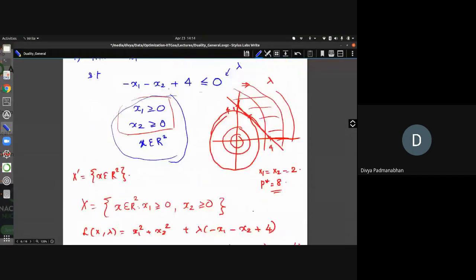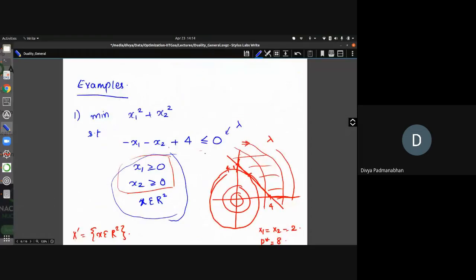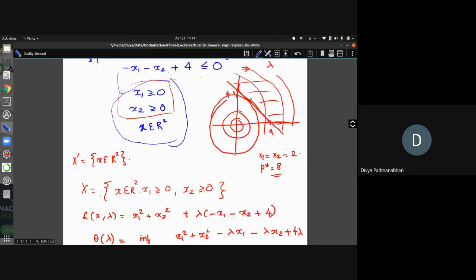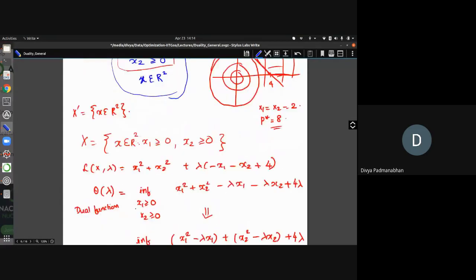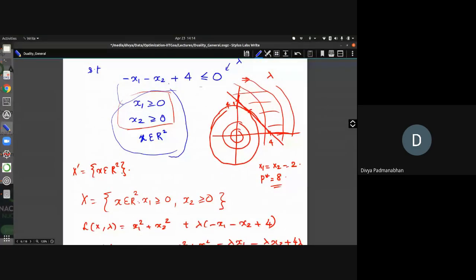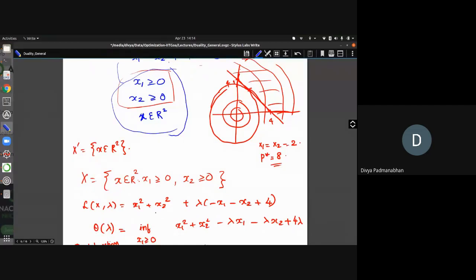In general, you have the flexibility, so nothing prevents you from choosing these two as your set of inequalities, with x2 greater than or equal to 0 alone in your X, or you could even choose no constraints in your capital X. In that case, the dual function, where you try to minimize the Lagrangian, if x in R2 is your capital X, is going to be an unconstrained problem.